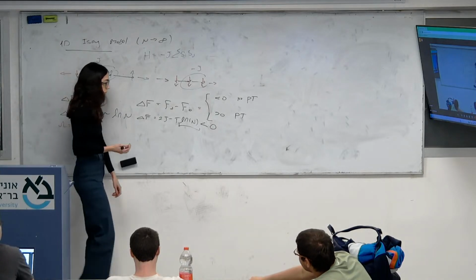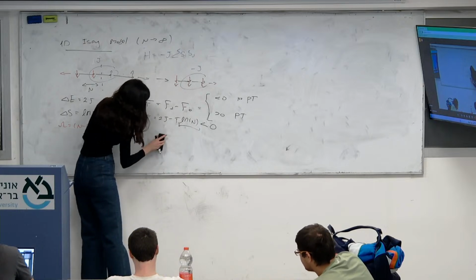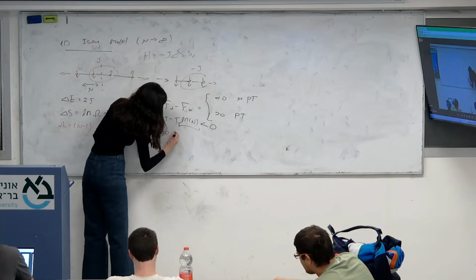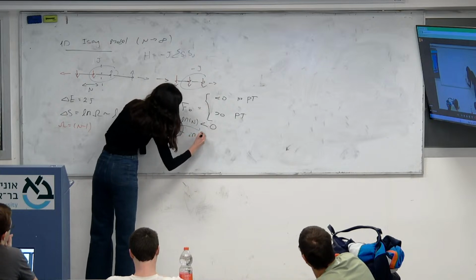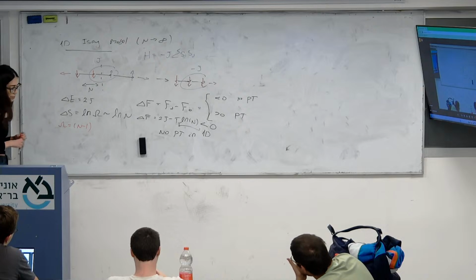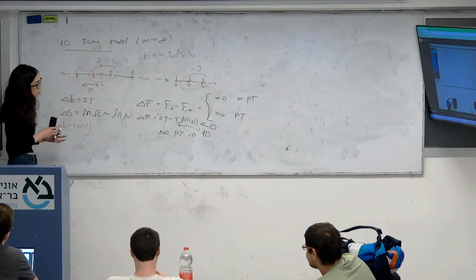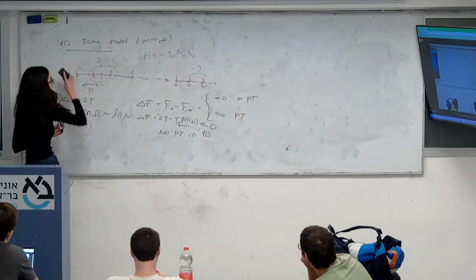So the conclusion is that there is no phase transition in 1D. Okay?